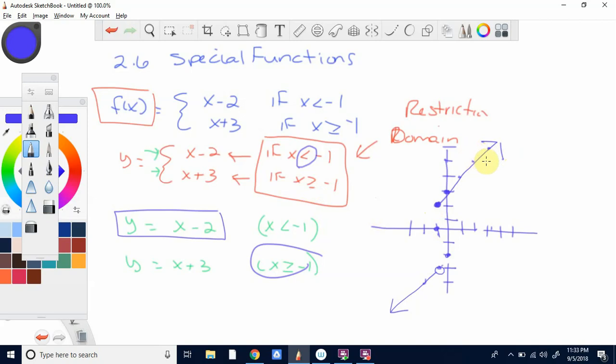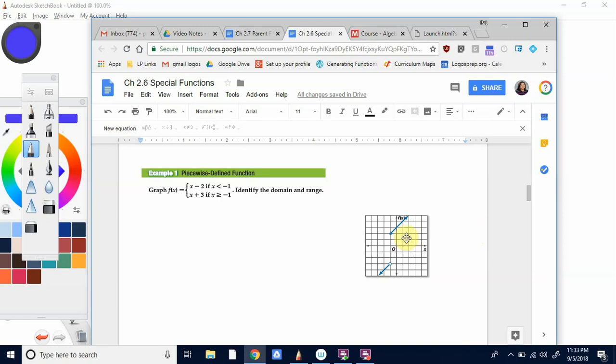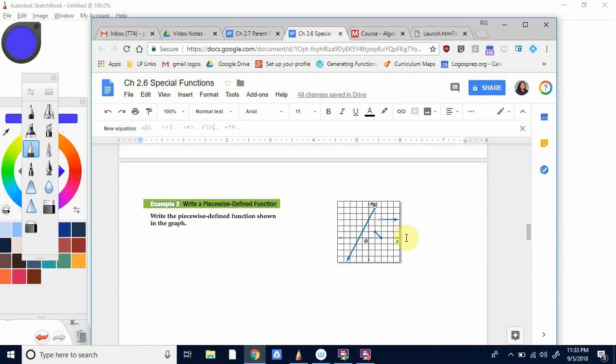Okay, so we're back. Now we're going to do example 2. Let's erase this and scroll down to example 2. Now they're going to give us the graph and they want us to write the piecewise defined function shown in the graph. If we look at this, we've got one piece here, two pieces, three.